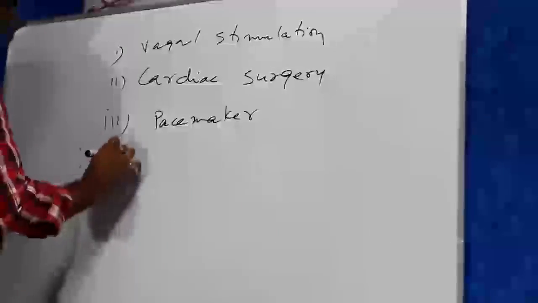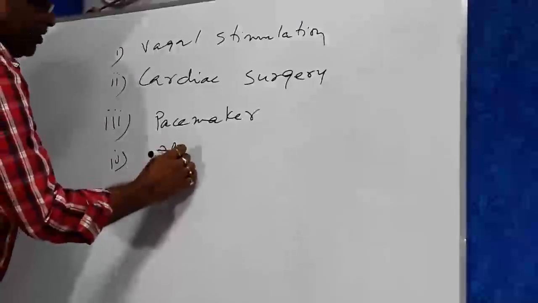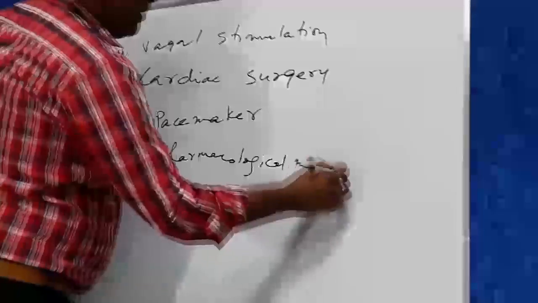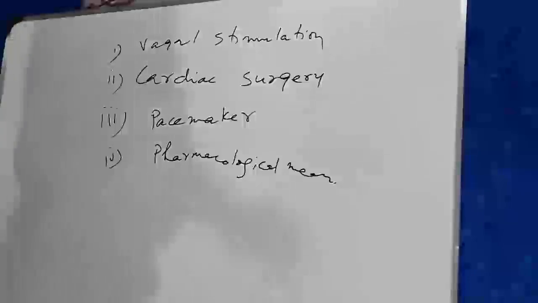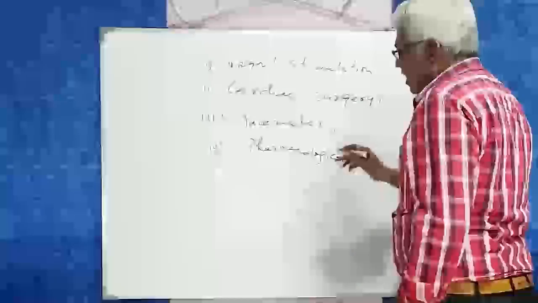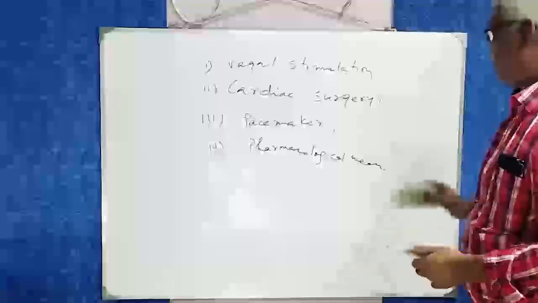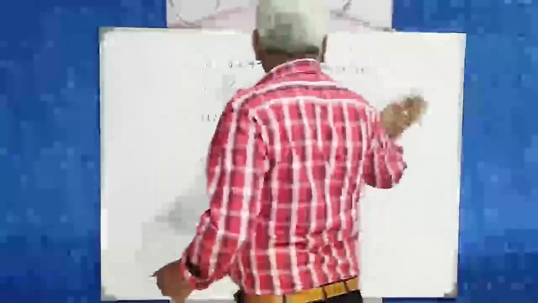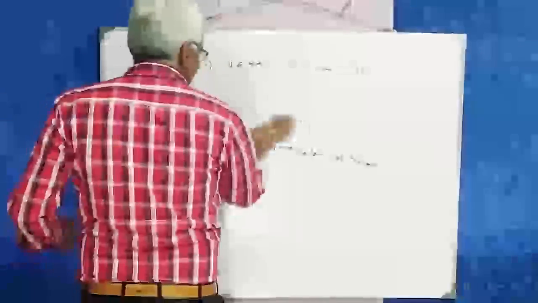And number four, the pharmacological means, that is, the drugs. Whenever facilities such as cardiac surgery or pacemaker are not available, the pharmacological means is the only way to treat the cardiac arrhythmia according to the situation.